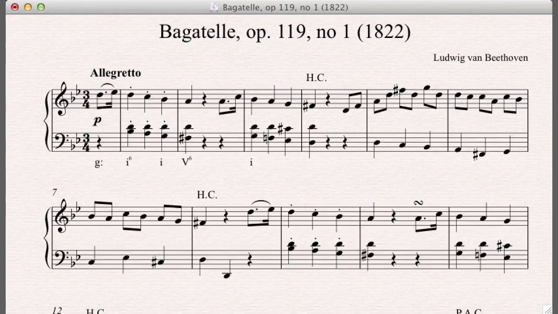This is an interesting case of 5 in first inversion, but it's minor. And then we get this guy, and we just talked about him. We get this E flat in the bass. We get a 3rd above it, and we get an augmented 6th above it. Some kind of augmented 6th chord. It's got 3 notes, the 3rd above and the augmented 6th above, so it's an Italian augmented 6.